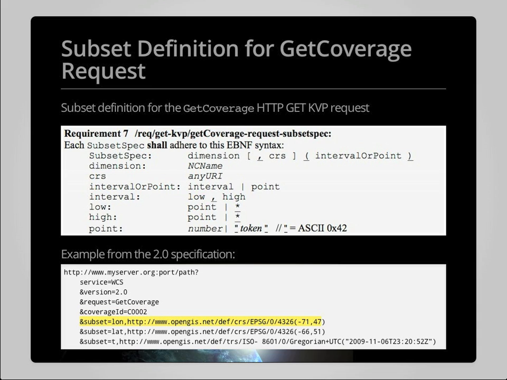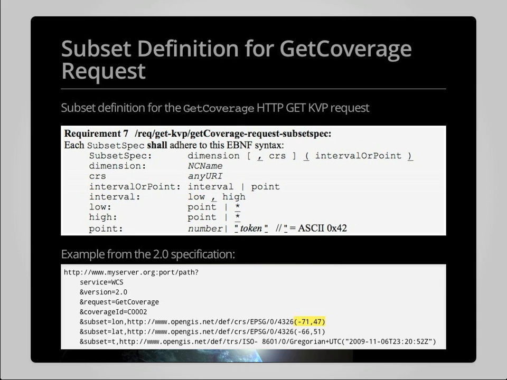The first one consists of the name, in this case lon, which is a predefined name for longitude, a URI that defines essentially the units or definition of what value is going to be provided, and then inside parentheses, a point as defined by this pair of values.